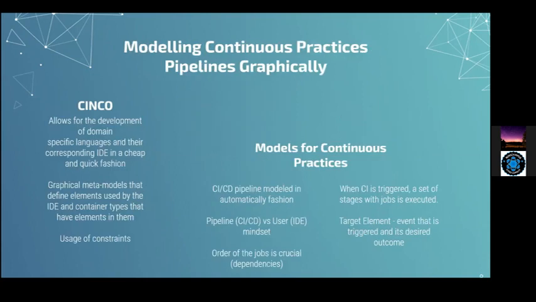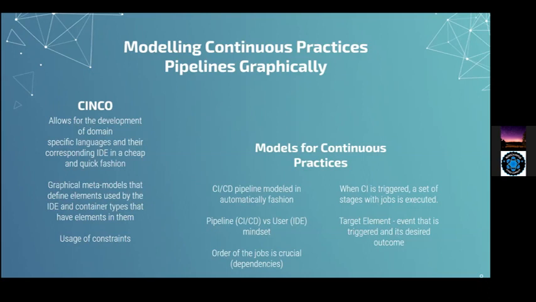So basically, to develop the language and the IDE, they use the meta modeling framework that allows for the development of domain-specific languages and their IDEs in a cheap and quick fashion. It also allows for the usage of limitations that help, for example, the developer to only build files that work.